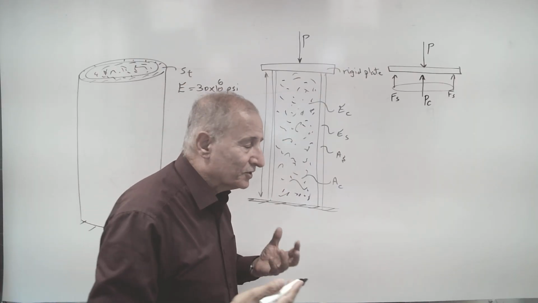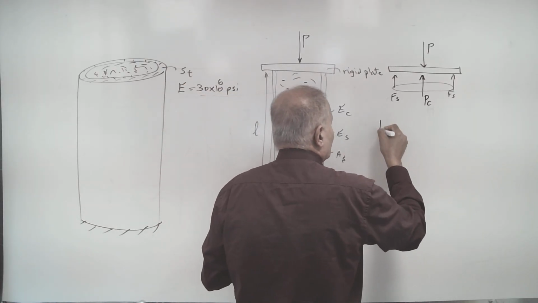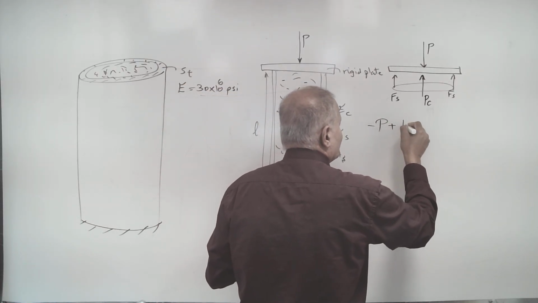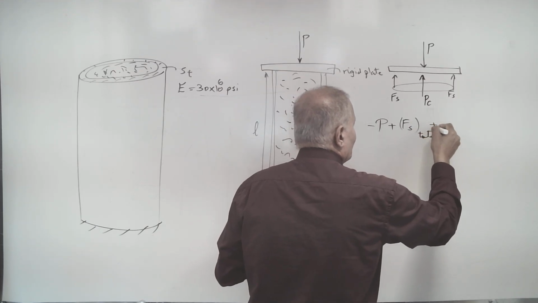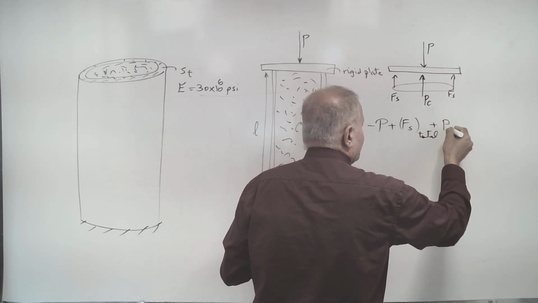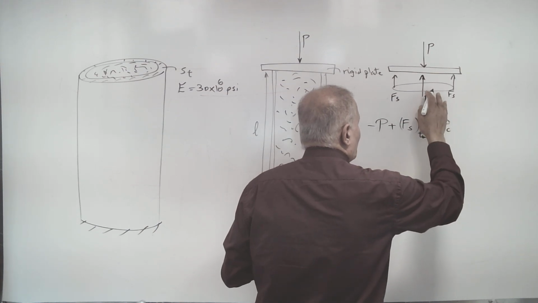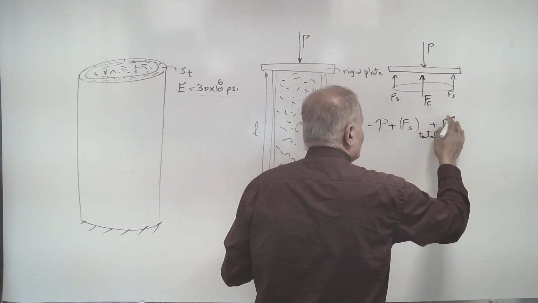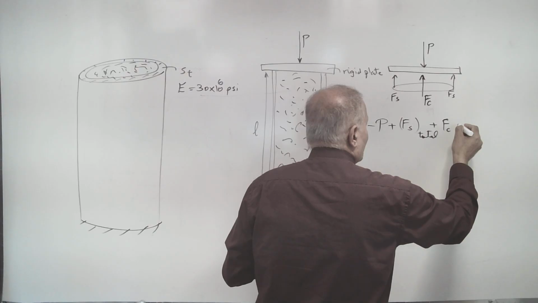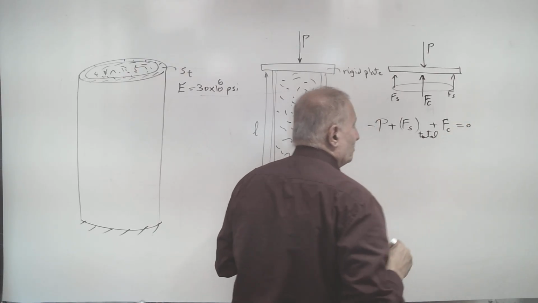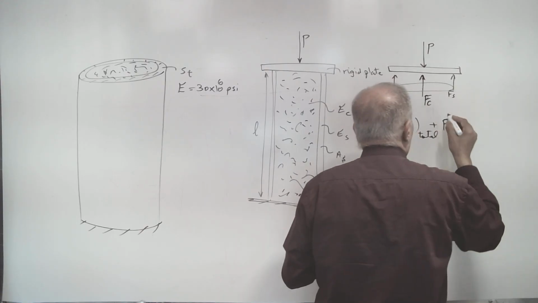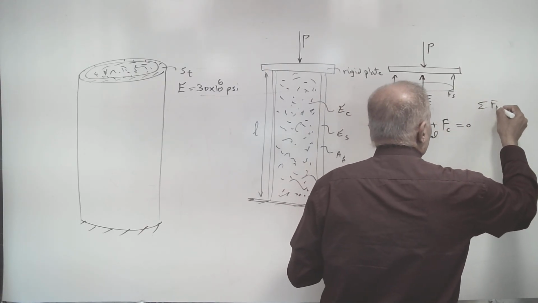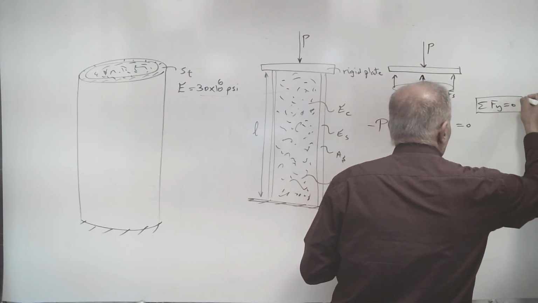Equations of equilibrium says that minus P plus F steel total plus F concrete is equal to 0, where we take it from summation of forces in the y direction equal to 0.